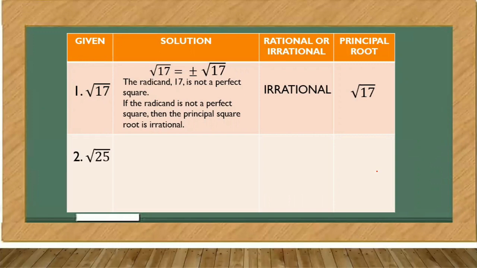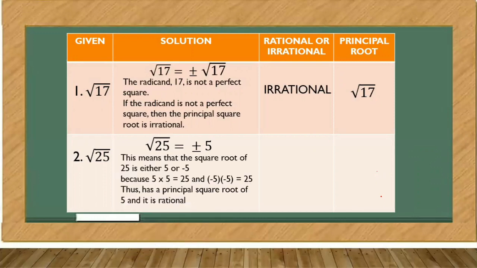Next, square root of 25. Kanina, ginawa na natin si square root, yung mga ating pinag-multiply, di ba? So, meron po bang perfect square sa square root of 25? Yes, we have. So, that is positive and negative 5. Kasi pag pinag-multiply mo, si positive 5 times positive 5 is equals to 25, and negative 5 times negative 5 is also 25.